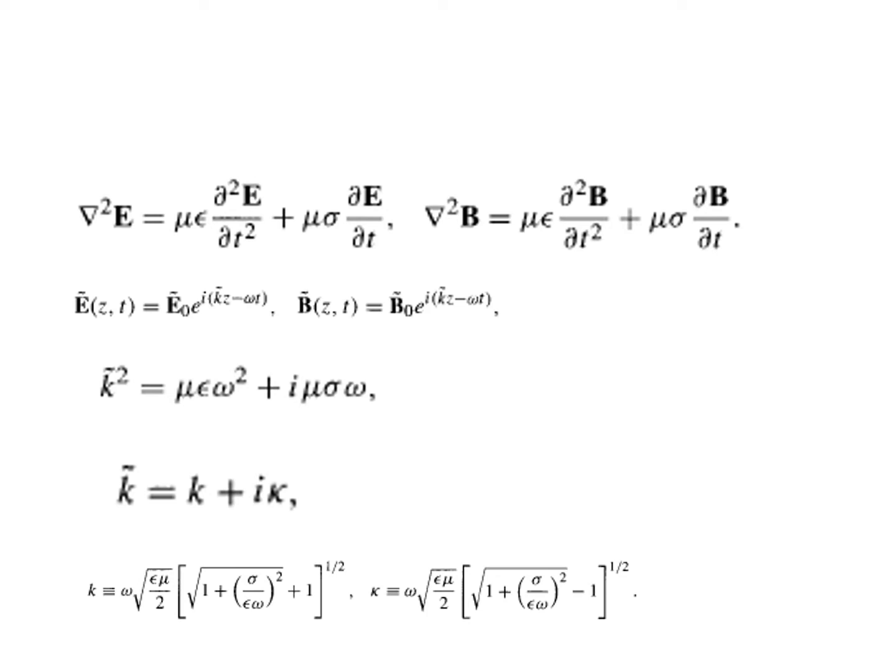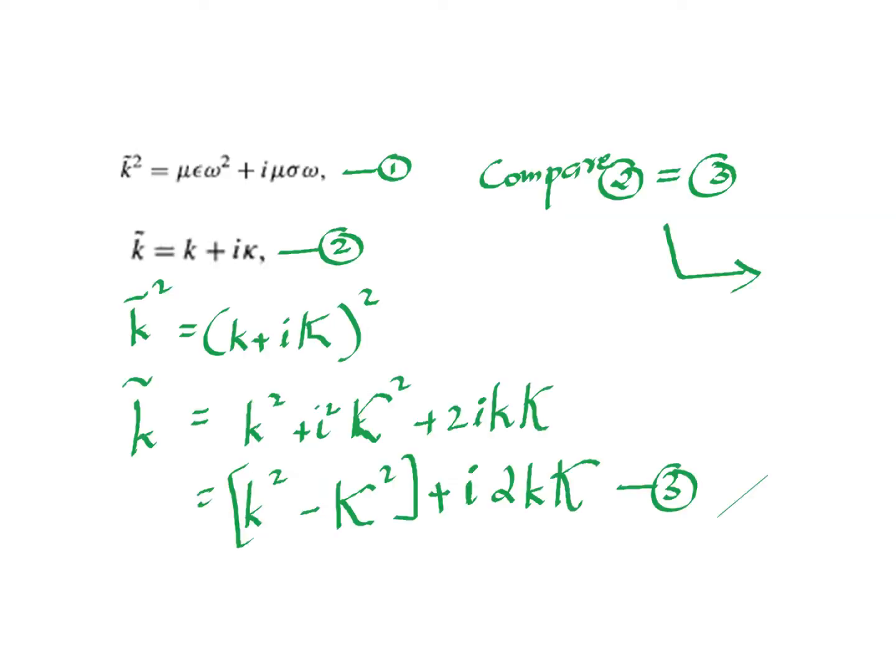Now, let us calculate the values of k and kappa in the complex wave number k bar. We know that k bar is equal to k plus i kappa. It consists of a real part k and an imaginary part i kappa. So we have to find those real numbers k and kappa. For that, we already introduced k bar square is equal to mu epsilon omega square plus i mu sigma omega. Let that be equation 1.